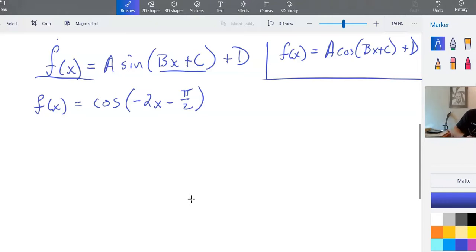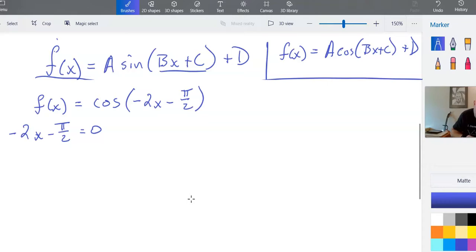Okay, so again, we want to figure out where our 0, pi over 2, pi, 3 pi over 2, and 2 pi go. We're going to do this one at a time. This time I'm not going to try to space it out, I'm just going to go through them. The first thing we want to set it equal to is 0. So negative 2x minus pi over 2 is 0.